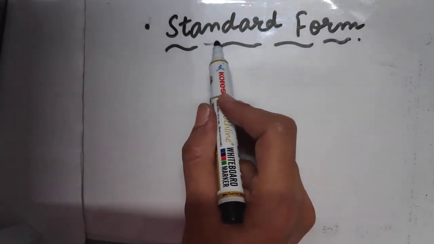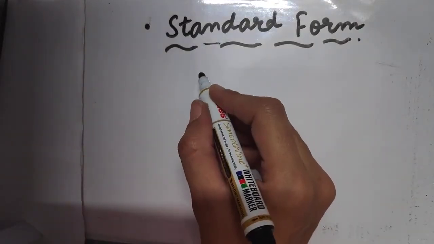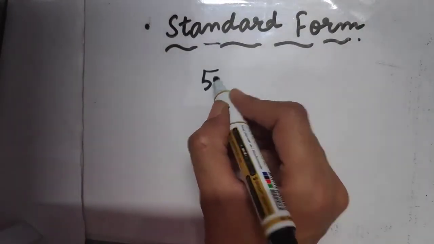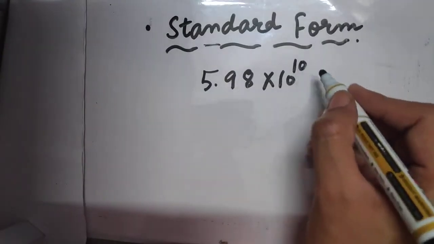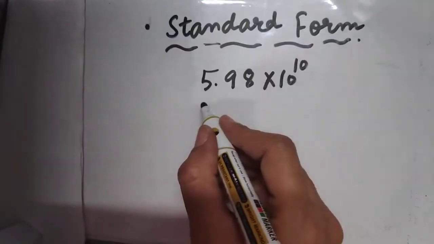What is basically this standard form? When any number is expressed as a decimal number multiplied by a power of 10. Like if I write a number 5.98 into 10 raised to the power 10, or it can be any number.